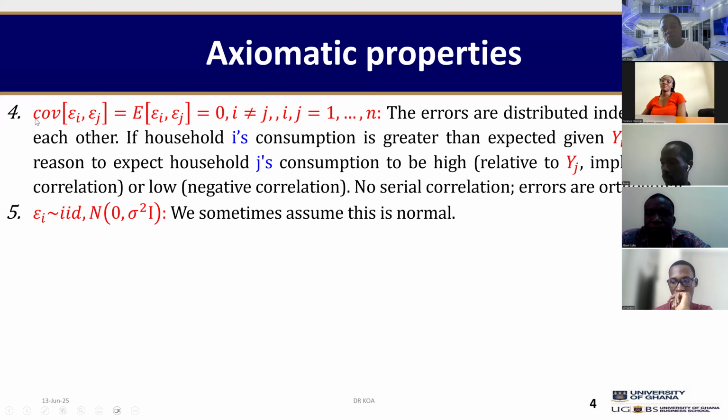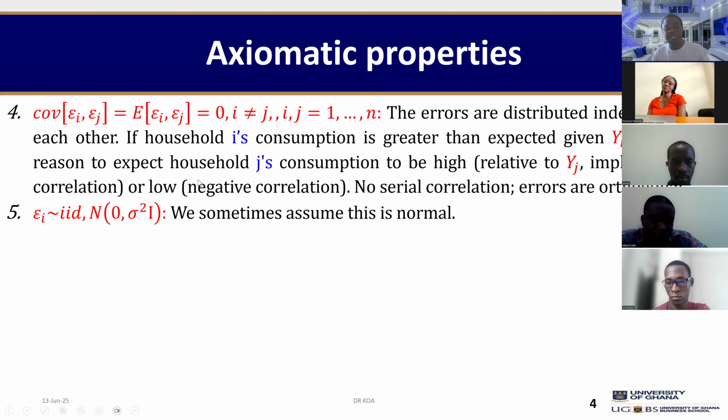So you will notice that most of the assumptions of regression, the axiomatic properties of regression, are all related to the errors. Okay. So finally, if all of these are met, then we can say that the error is independently and identically distributed normally, with a zero mean and a constant variance.